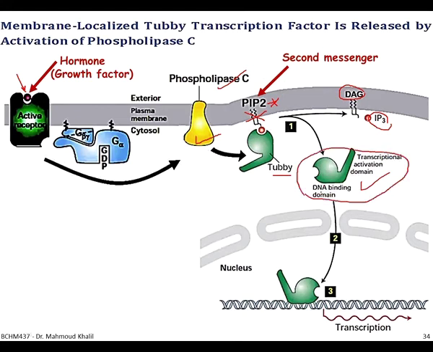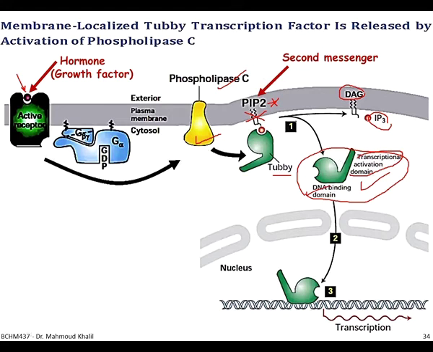One of the important characteristics of this TAPI protein, when it is released into the cytoplasm, is that it has majorly two domains: a DNA binding domain, which will enable its binding to the DNA, and a transactivation domain, which will facilitate the activation of transcription of a specific set of genes.